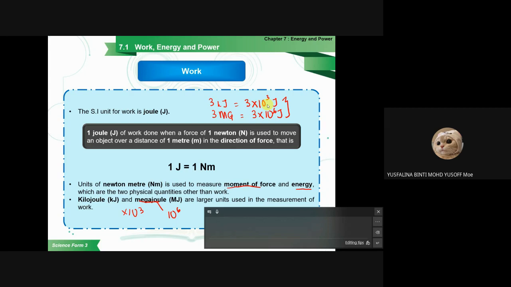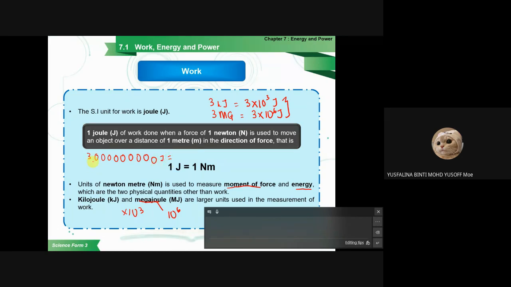Let's say you calculate and there are too many zeros, for example 3 giga is 10 power of 9, so 1, 2, 3, 4, 5, 6, 7, 8, 9 zeros.